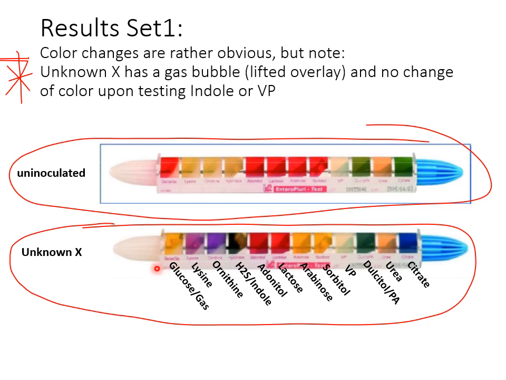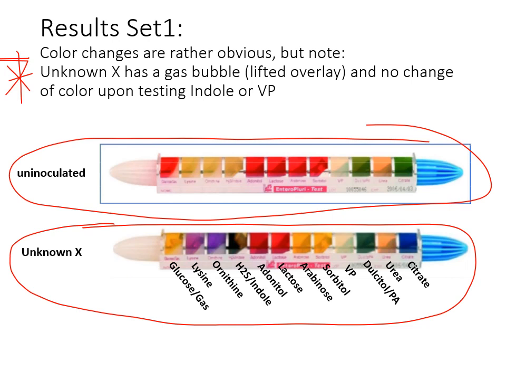So I pointed out here that there is a gas bubble. For indole and VP, because those are what you add afterwards, it's a little tough to actually see them as well. So basically I wrote up top that there was no change, telling you that it's negative.